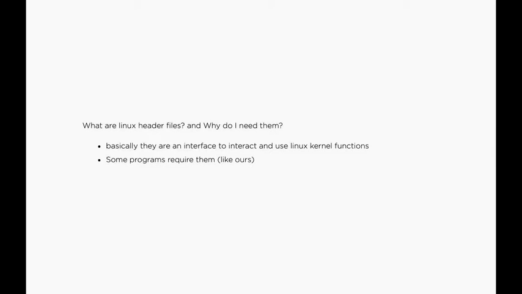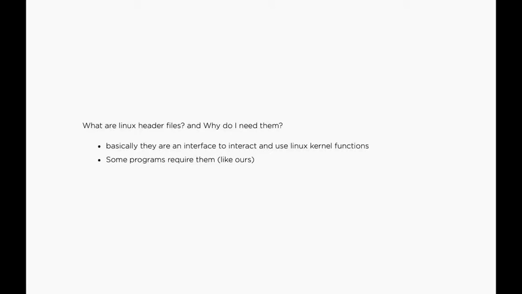Okay, so you're probably seeing the last slide and how much effort we actually have to do to get Linux header files. Why do we need them? Basically, these header files allow us to use the kernel level functions. They're an interface to let us interact with the kernel itself.